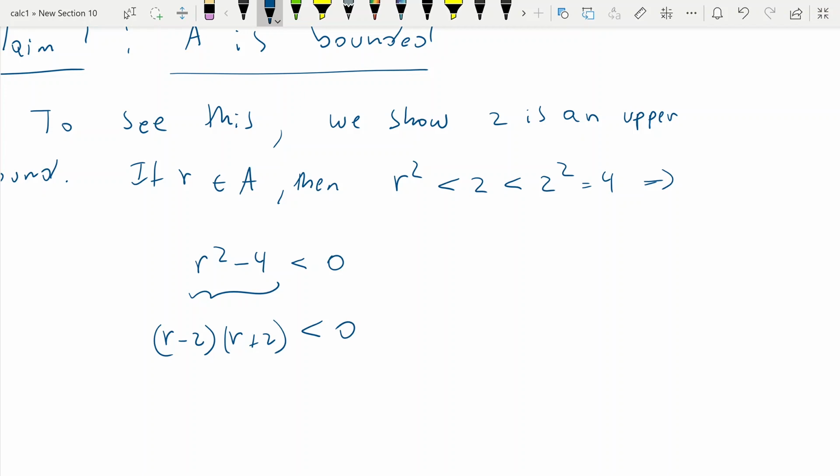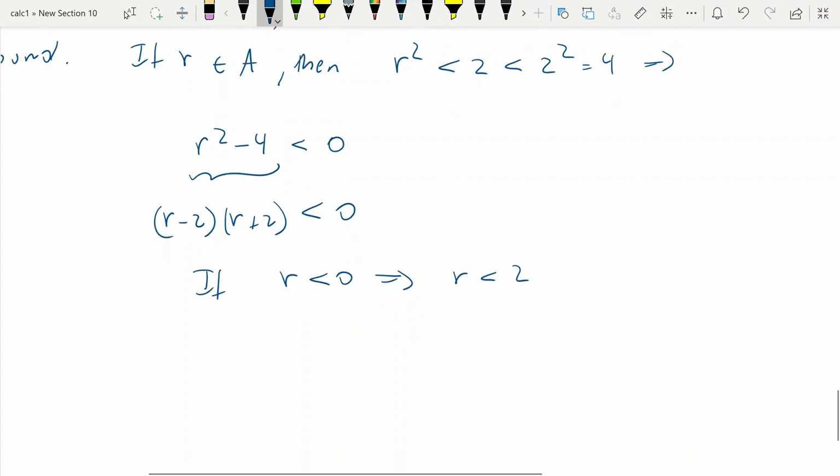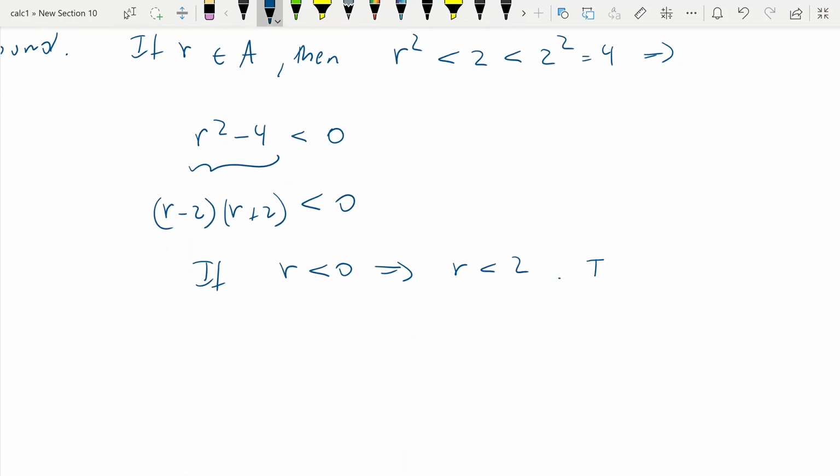So there are two possibilities here. If r is negative, then it is clearly less than 2. If r is greater than 0, then r plus 2 is greater than 0.